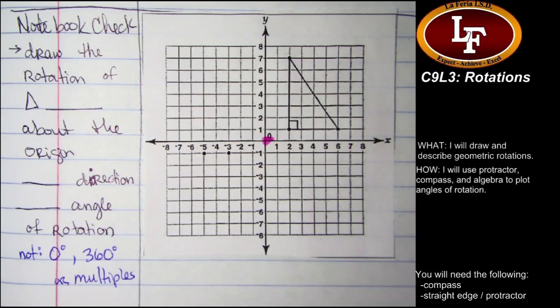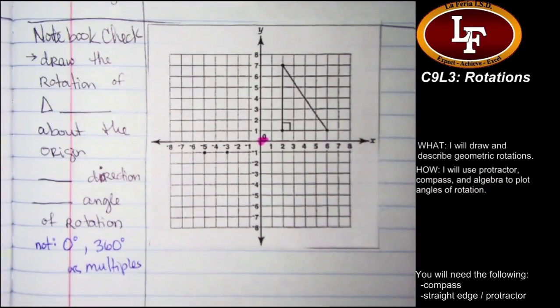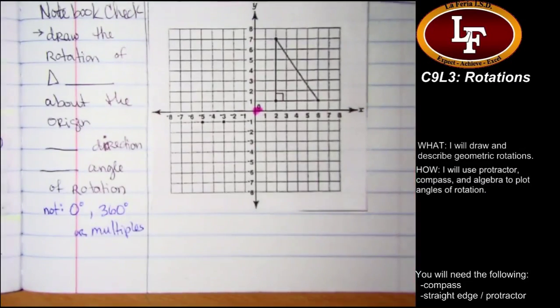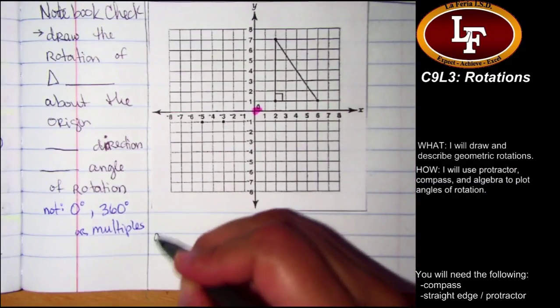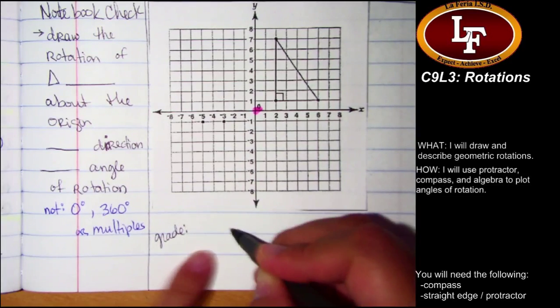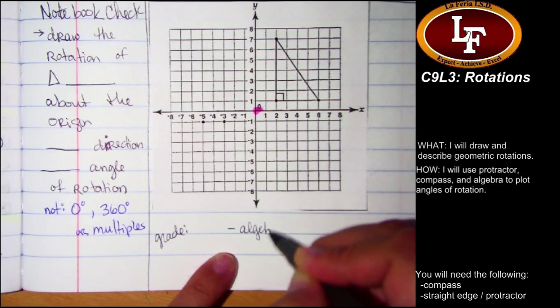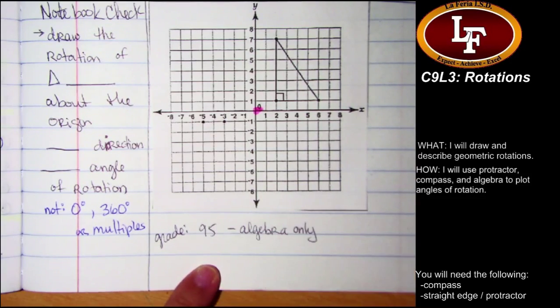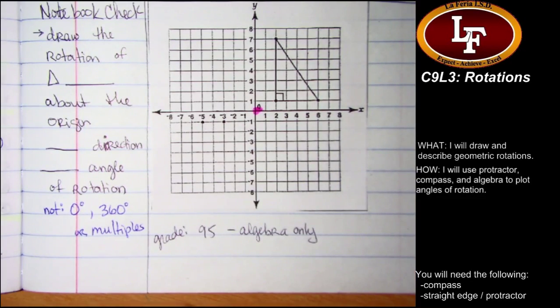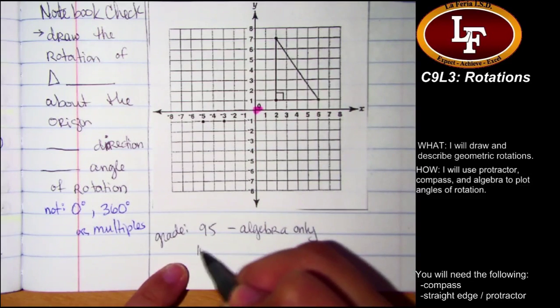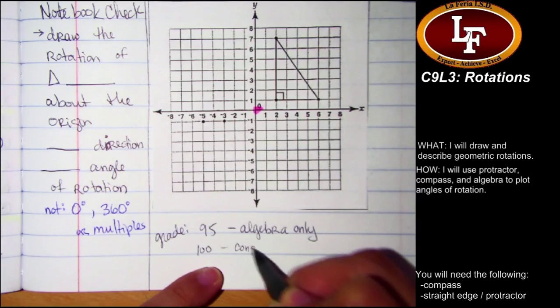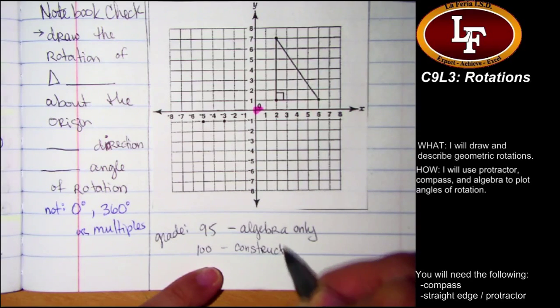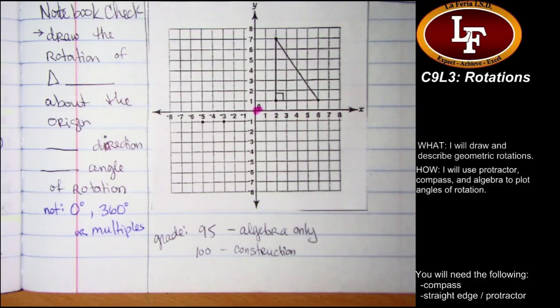Now, here's how I'm going to grade it, and this will decide for you exactly which one you're going to want to do. For the grade, if you give me only the algebra, which is exactly what we did today, I will give you a 95 and smile and move on. If you want the 100, you must make it a construction, which is the technique we did yesterday with the compass and protractor.